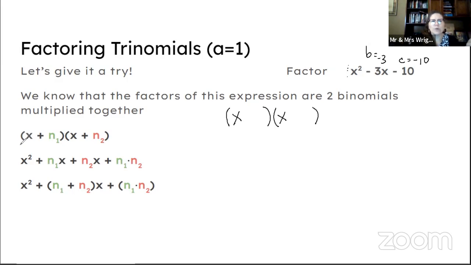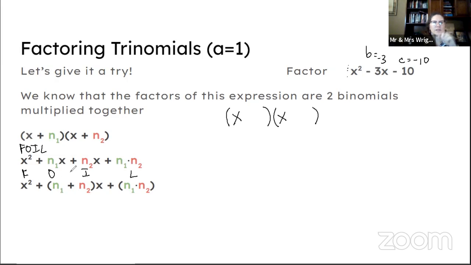Well, if we were to FOIL these, remember foiling? That's when you distribute and multiply these together to expand them to make our larger polynomial. Well, first, x times x is x squared. Outside is x times N2. And then inside is N1 times x. So we'll just go ahead and put those there. And then last is N1 times N2, okay? And then you combine these two like terms.